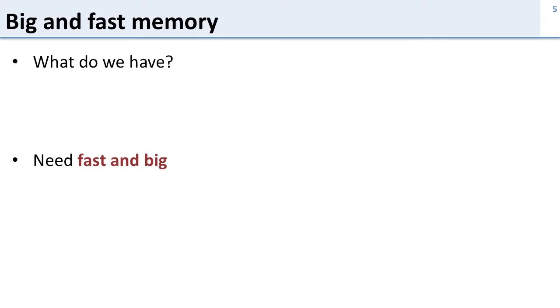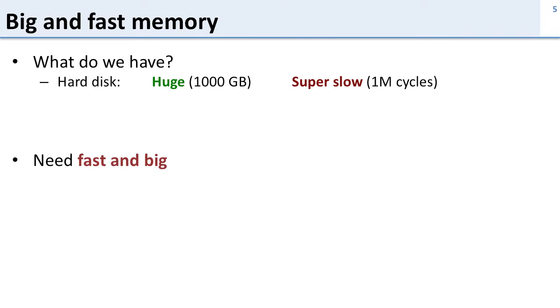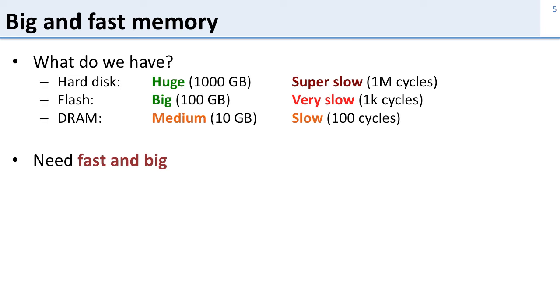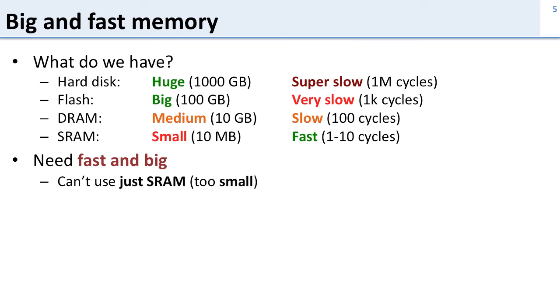So how can we put this together? We have hard disks, which are very large and very slow, flash and DRAM, which are in the middle, and then SRAM, which is very small but very fast. And we need something that's both fast and big. So from this, it's clear we can't use just SRAM because it's too small. We can't use just DRAM because it's too small and too slow.